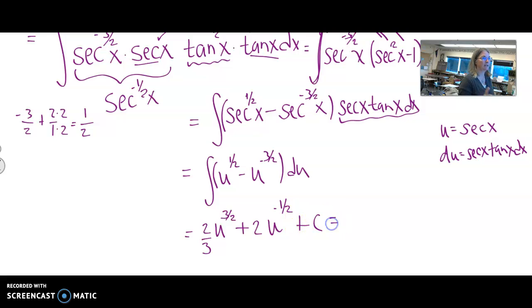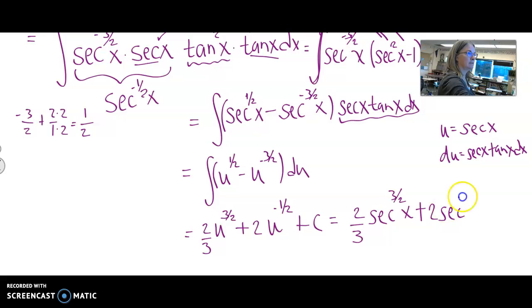And now I'm going to throw back the u into this, so I have 2/3 secant to the 3/2 x plus 2 secant to the negative 1/2 x plus c.